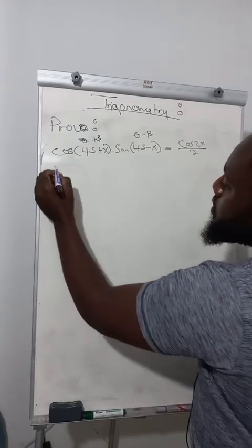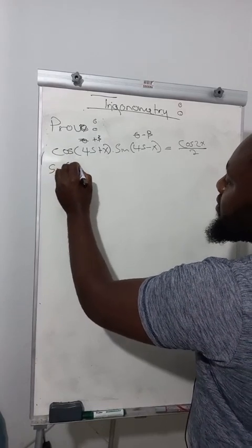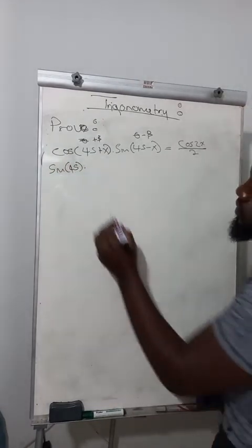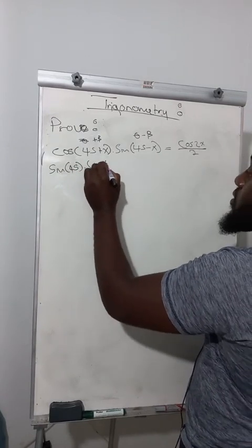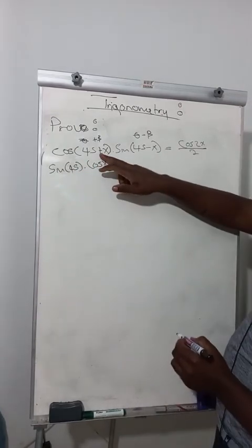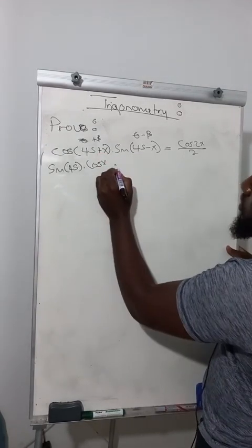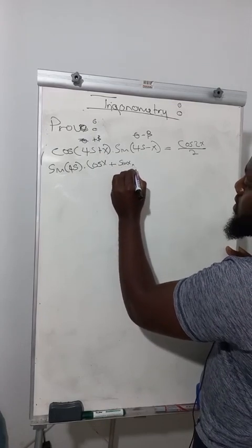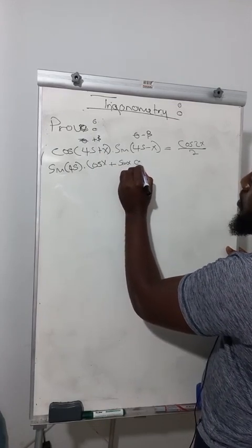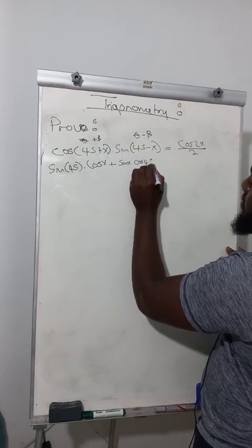So it will say sine 45 multiplied by cos x, because here there is a plus. It means you also get plus sine x multiplied by cos 45.